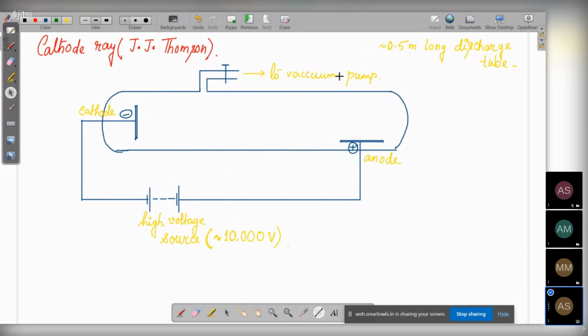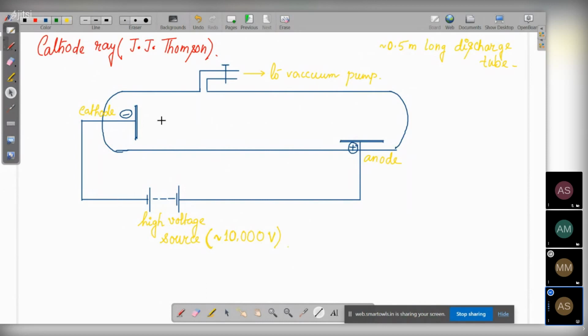So this was his observation. At a lower pressure, there is a flow of electricity. If the pressure is reduced even further, the gas tube actually glows with a faint greenish light.